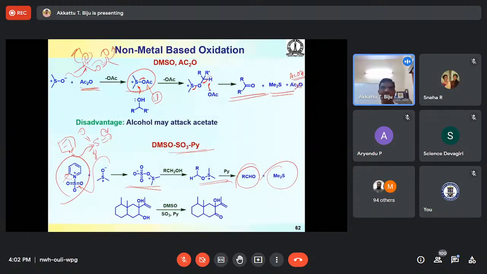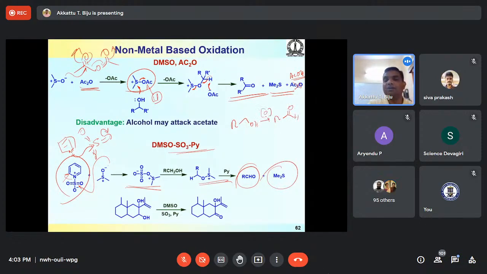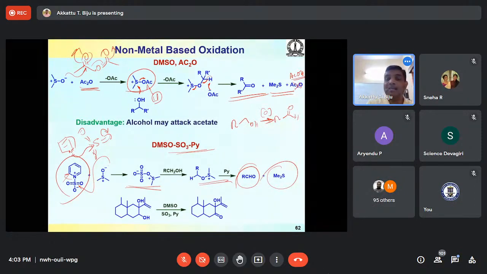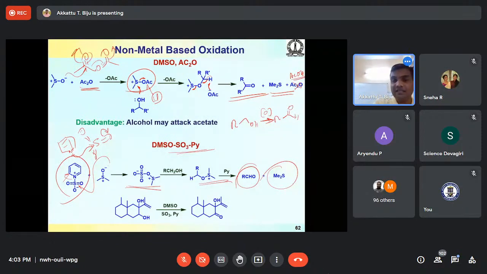So far we have seen the conversion of a primary alcohol to an aldehyde, or a secondary alcohol to a ketone, using the Swern type oxidation reaction. In the Swern type oxidation reaction, the hydrogen attached to the alcohol-containing carbon is very important.